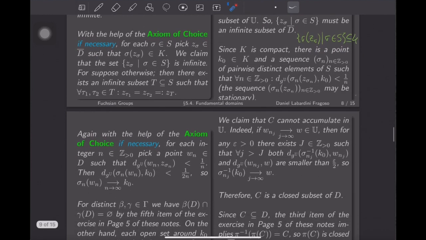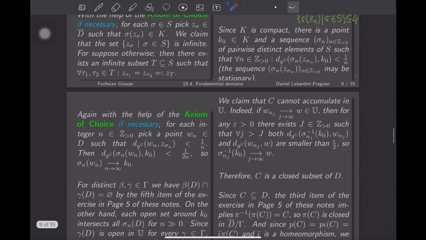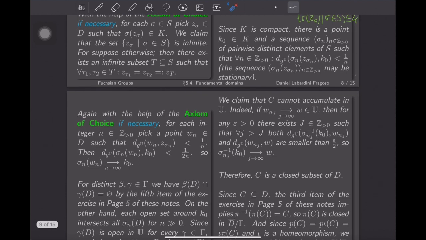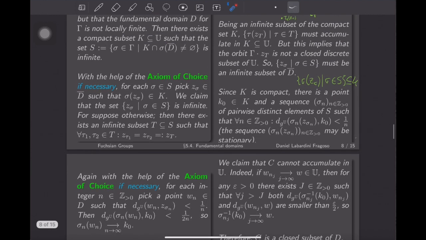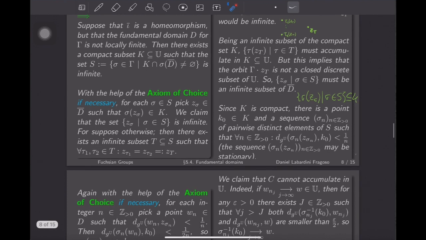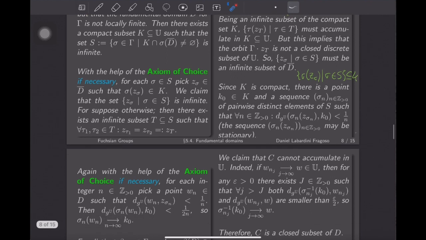And again, the point is the following. Each Z sigma is in D bar. So each Z sigma can be approximated by a sequence of elements of D. And so that's what I do.